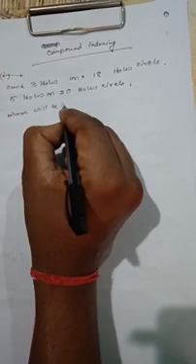On these two movements the worm will be turned 3 by 18 plus 5 by 20, which is equal to 5 by 12 of a revolution.